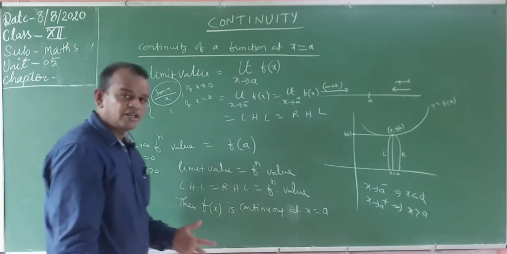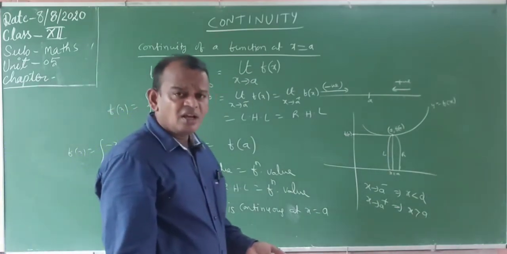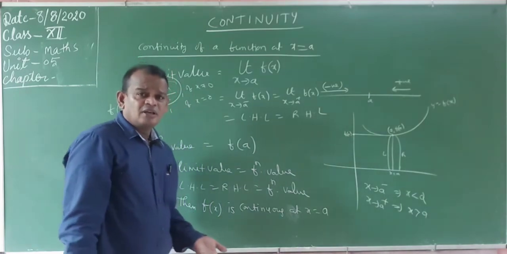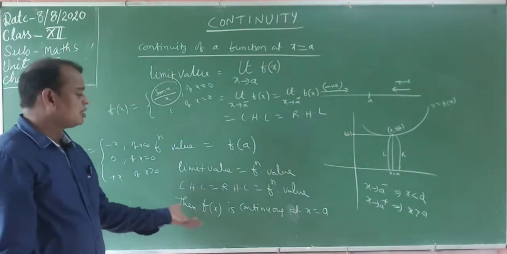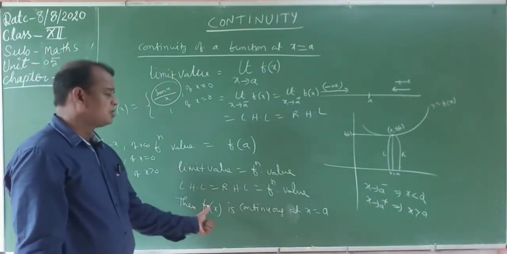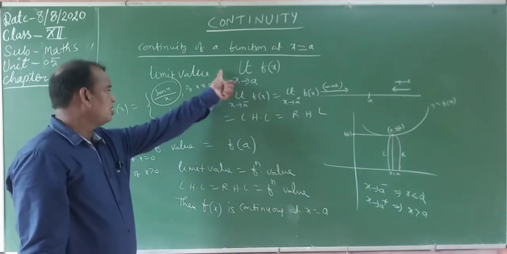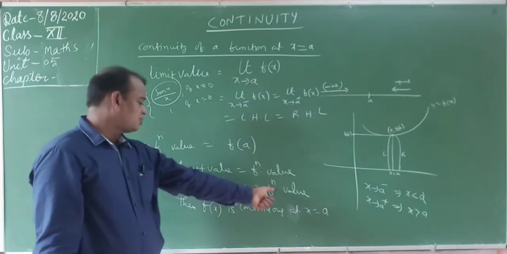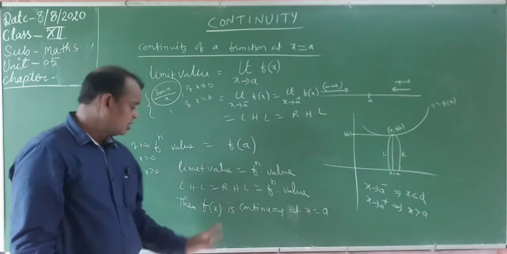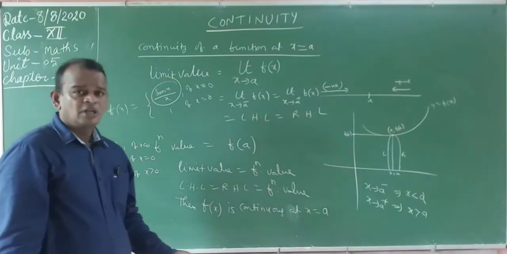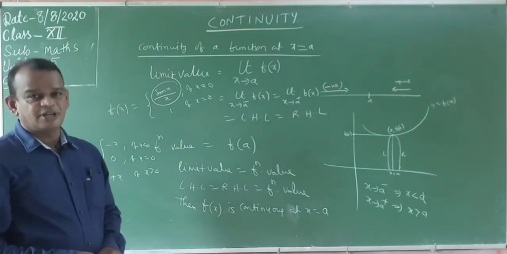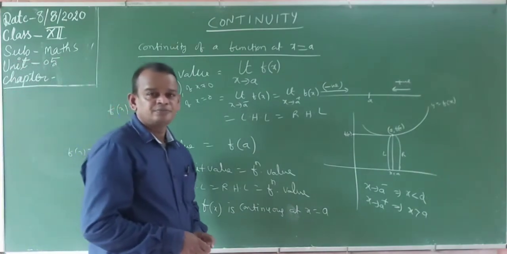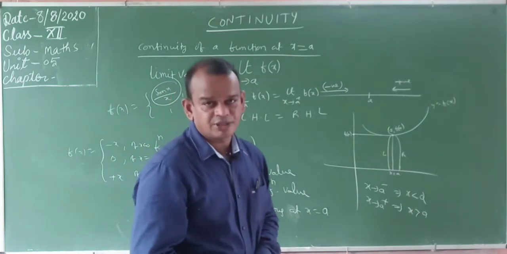Otherwise, if the limit value and function value are not equal, or LHL and function value, or RHL and function value are not equal, any two not equal, then f is discontinuous at that particular point.